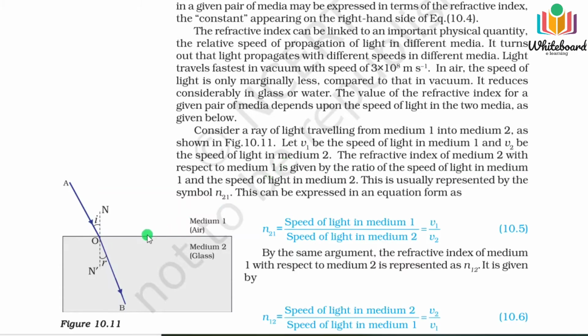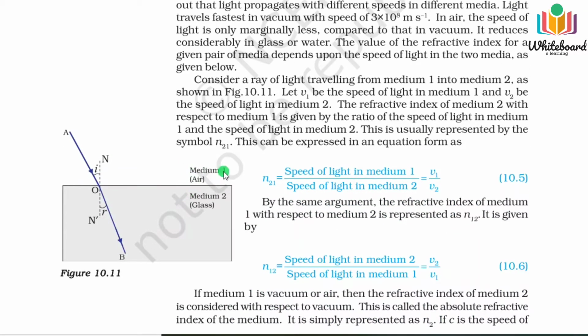Okay, now from this figure you can see this is medium 1, that is air, and this is medium 2, that is glass. So light is coming from the air medium and falls on the glass medium, and then refraction will occur. So here what is the refractive index? You have to write it in this way. This is the symbol for writing refractive index, n21, that is the refractive index of 2. So always you have to take the second medium.